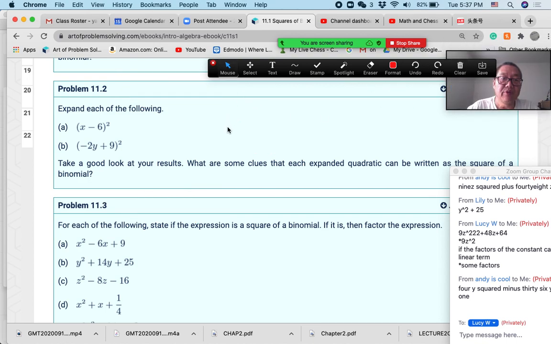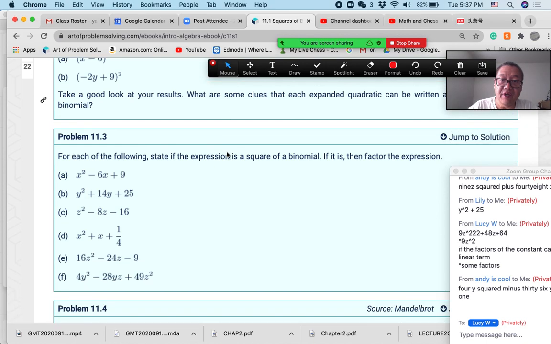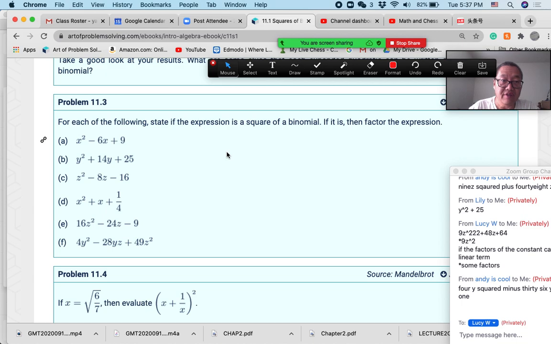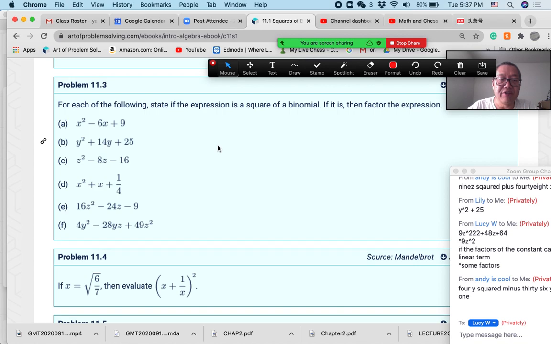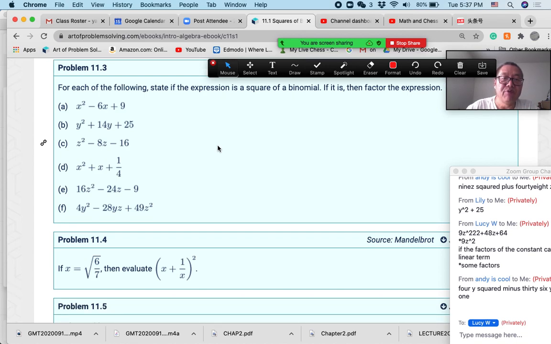Okay, so then now let's go to example 11.3. So this problem, they ask you to do the reverse process. For each of the following, state if the expression is a square of a binomial. If yes, then factor the expression. Now let's first do A. Is this one a square of a binomial?